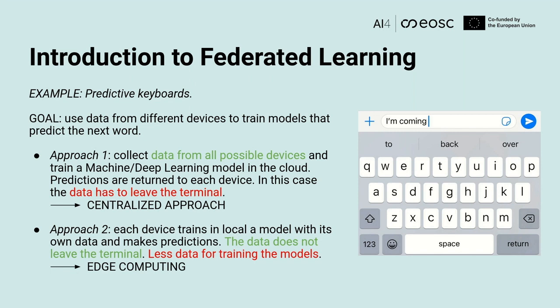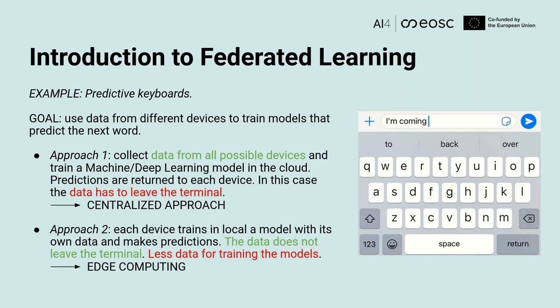In this approach, we need to centralize all the data in the same cloud machine, in the same server, and so on. Then we will train the model, and then we will return the predictions to each device. For example, to each smartphone, to each tablet, to each computer, etc.